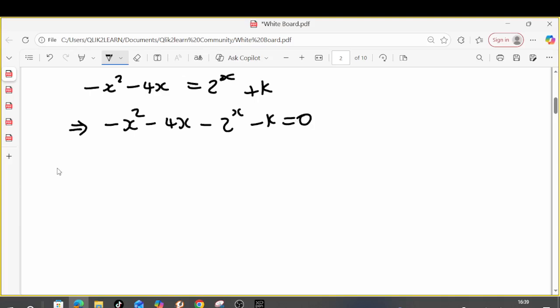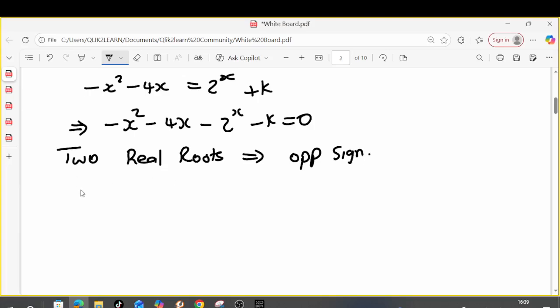Now, when we say two real roots opposite in sign, they ask for which values of k will this have two real roots. So if it has two real roots that are opposite in sign, I'll say that if x is equal to 0, I substitute 0. Can you see that this will give me 0?